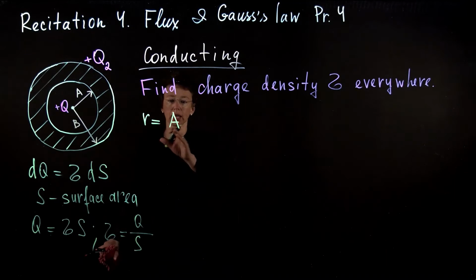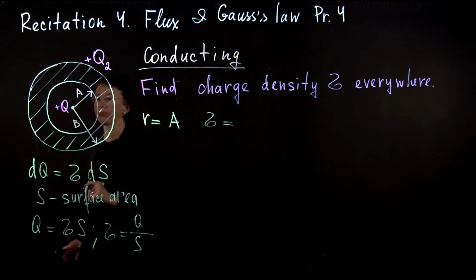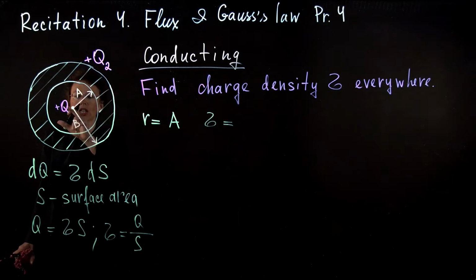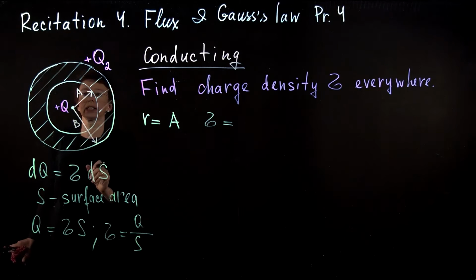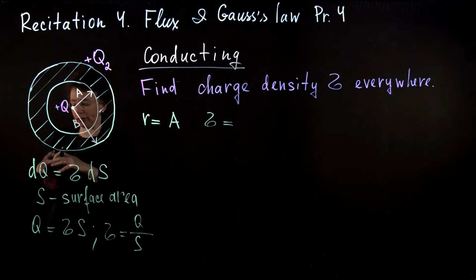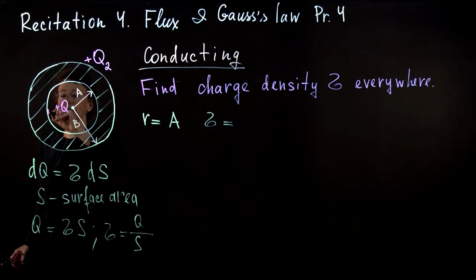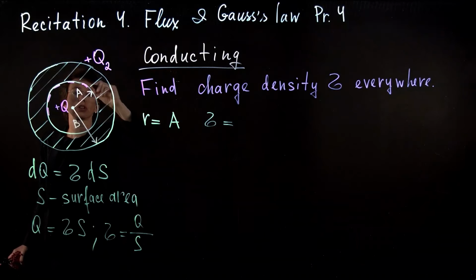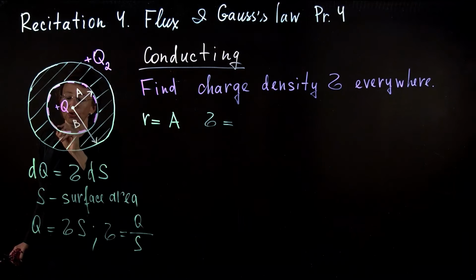So at R equals A, let's find sigma. If I put charge plus Q here, this is a conductor. It has many free electrons. So these free electrons will be attracted to this surface by this charge plus Q, and they will build induced charge on this surface.